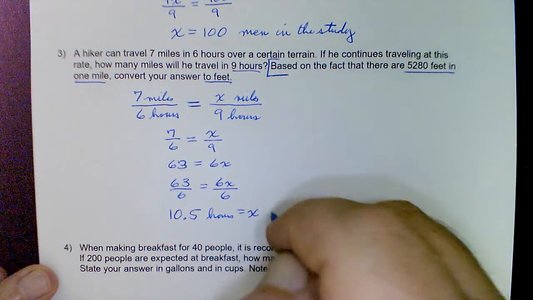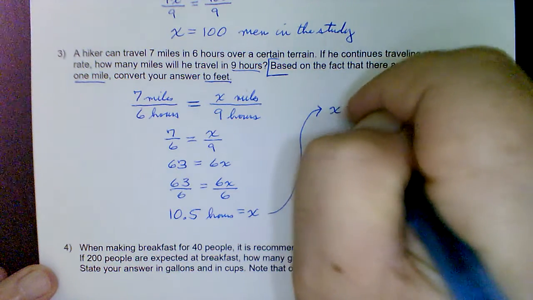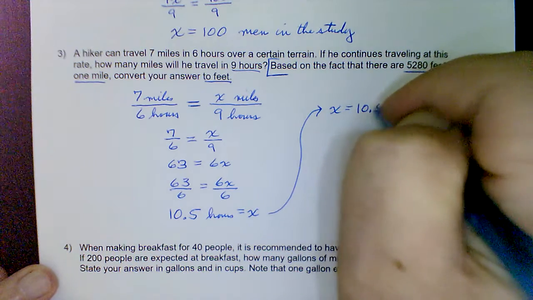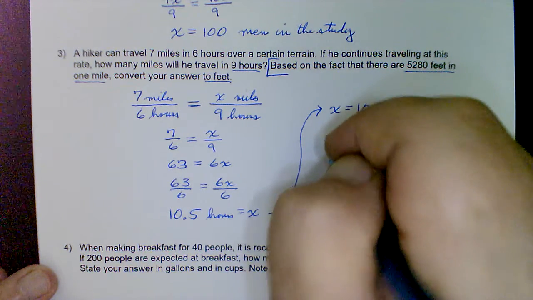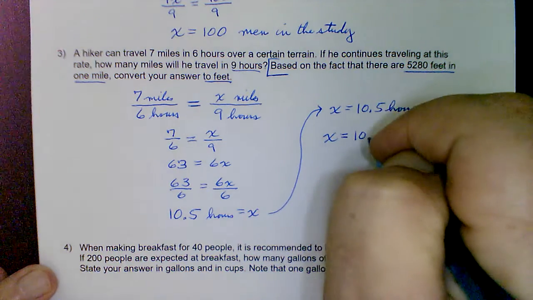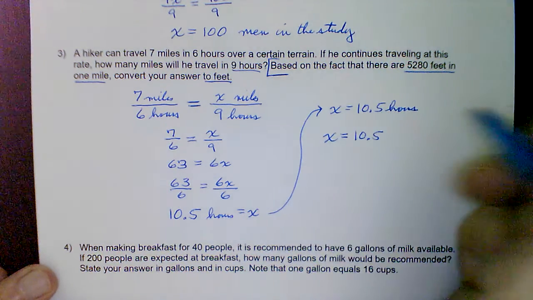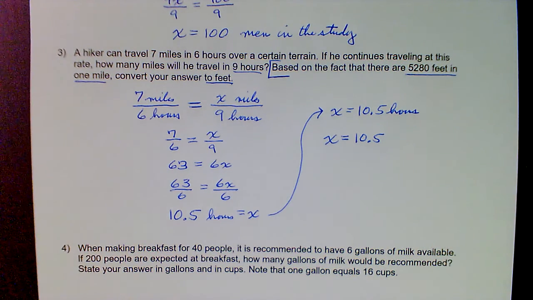So, up here, okay, we'll say X equals 10.5 hours. And all that you have to remember about conversions, it's basically just a replacement for us. There's nothing fancy. It's not going to be fancy chemistry conversions where you have a string of terms or anything.